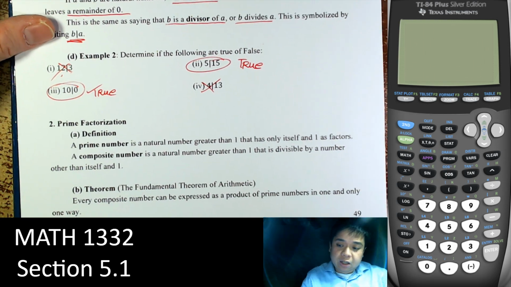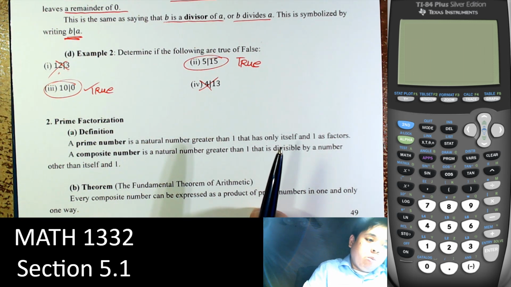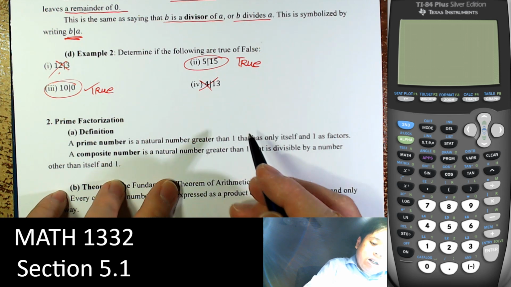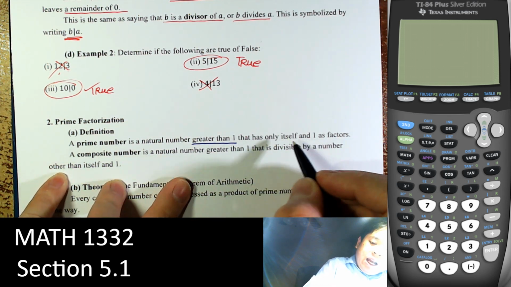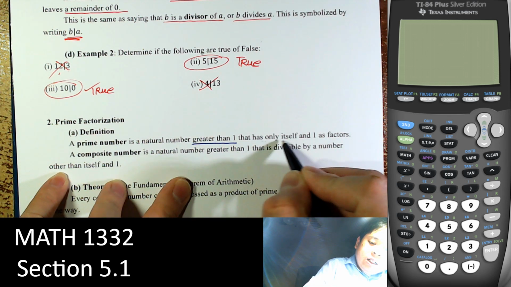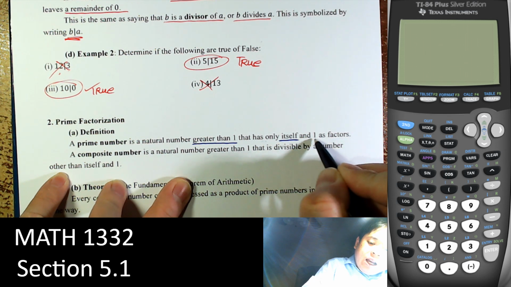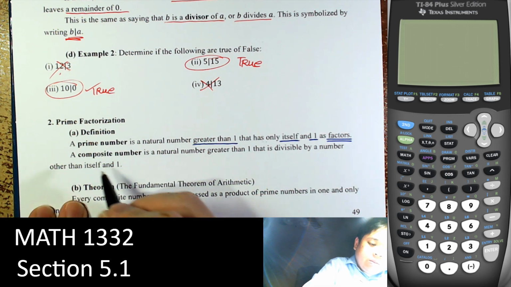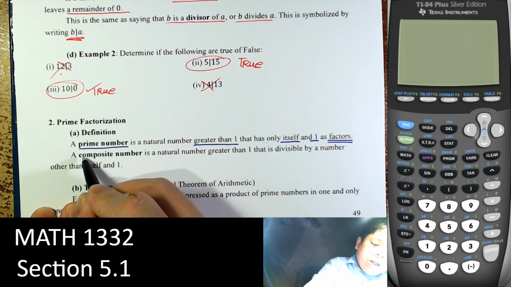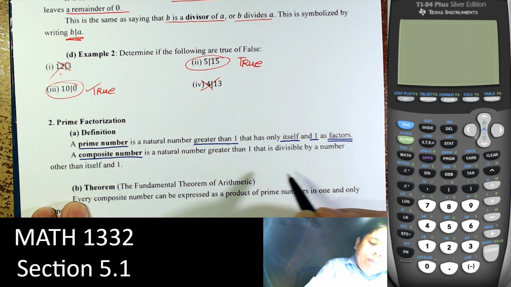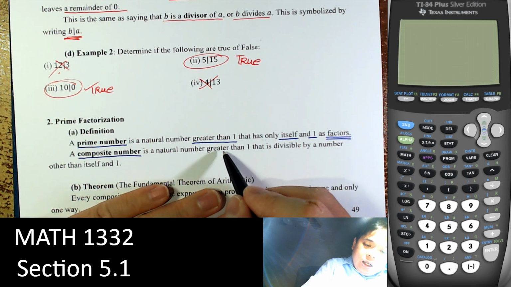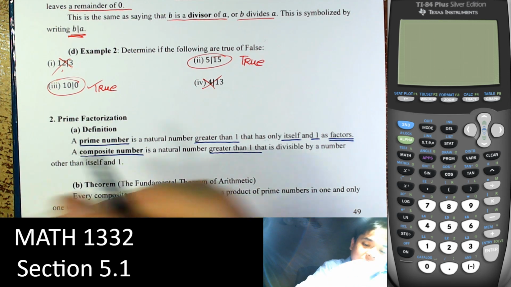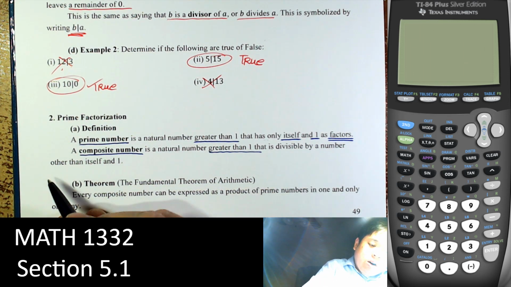Next we have prime factorization. A prime number is a natural number greater than 1 that has only 1 and itself as factors. A composite number is also greater than 1 and is divisible by a number other than 1 and itself.